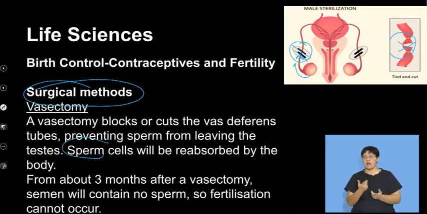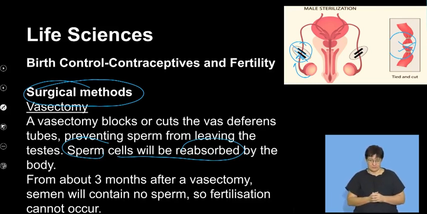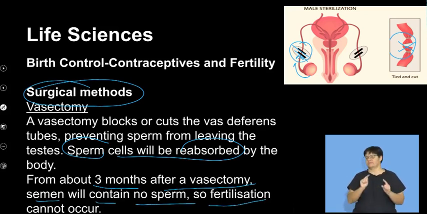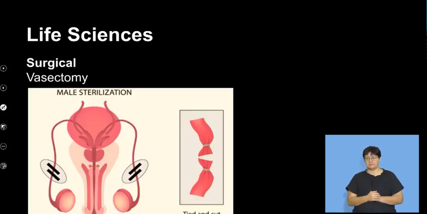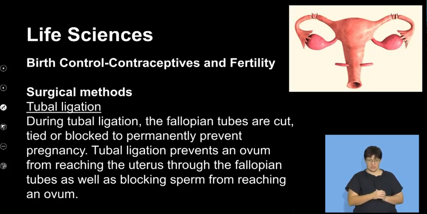These sperm cells will eventually be reabsorbed and broken down in the epididymis. From about 3 months after a vasectomy, the semen will contain no sperm, so fertilization cannot occur. That's an image of a male surgical procedure.